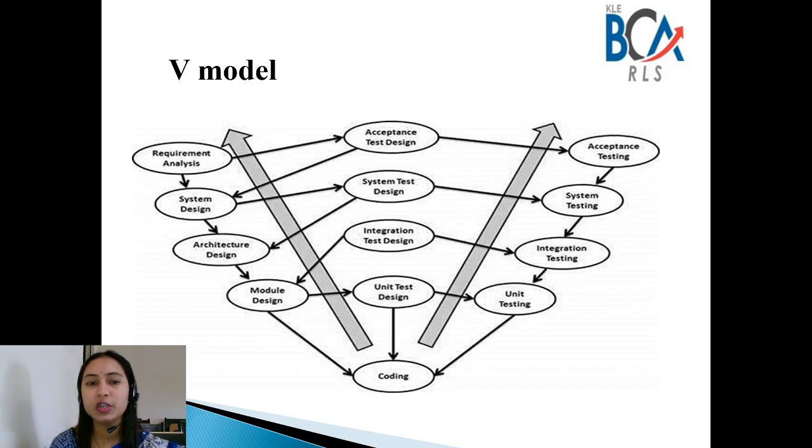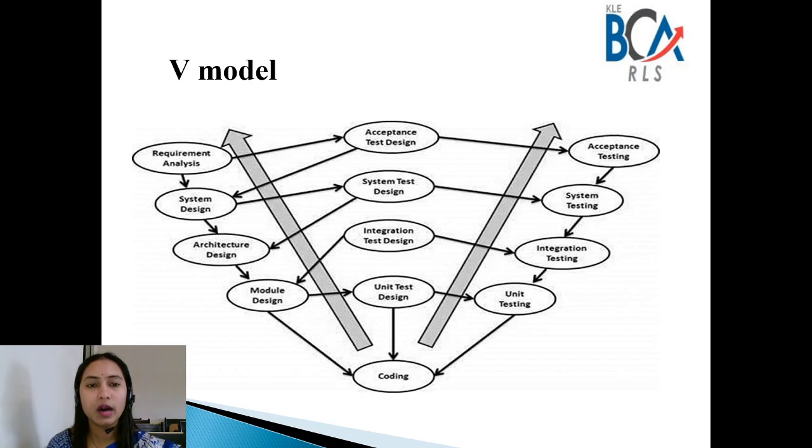Okay. Next is system testing. Once you finish your integration testing, there comes the system testing. System testing is directly associated with your system design phase. So all the system test cases which you have written will be tested here: the entire system functionality, and the communication of the system under development with the external systems.